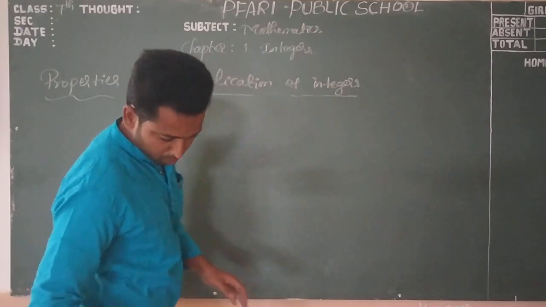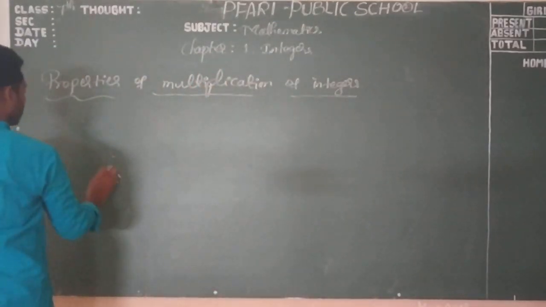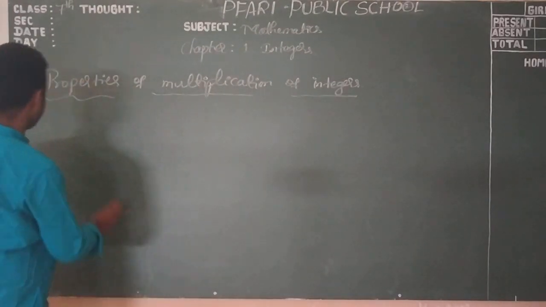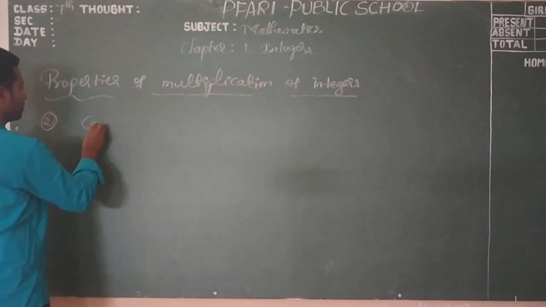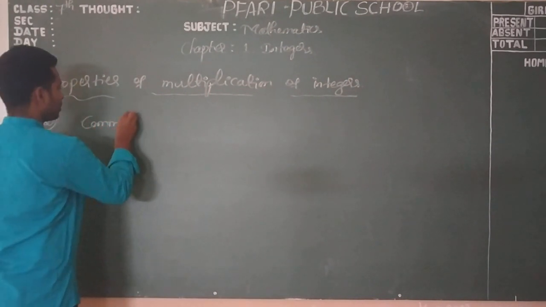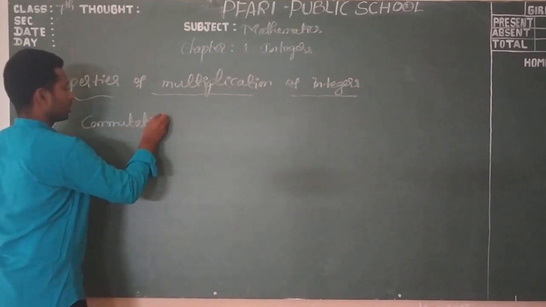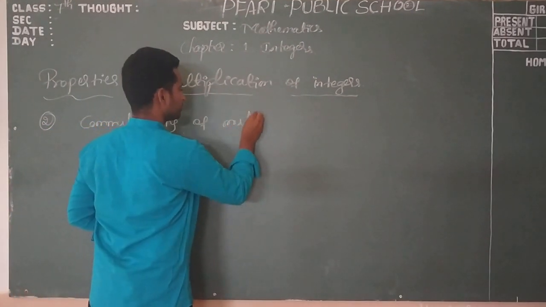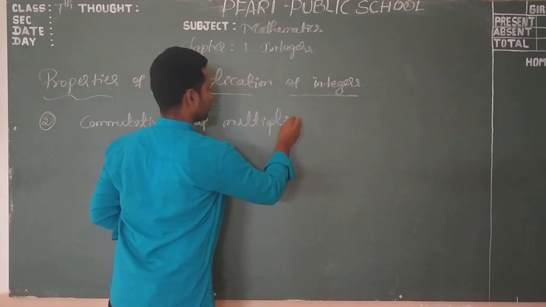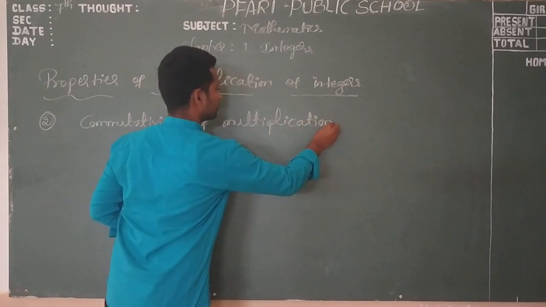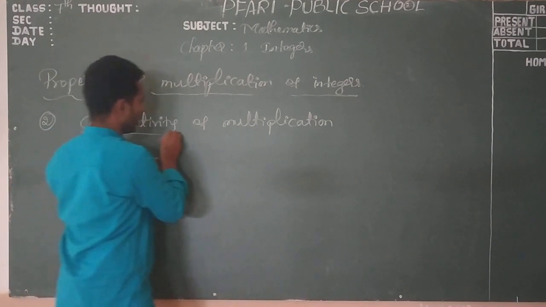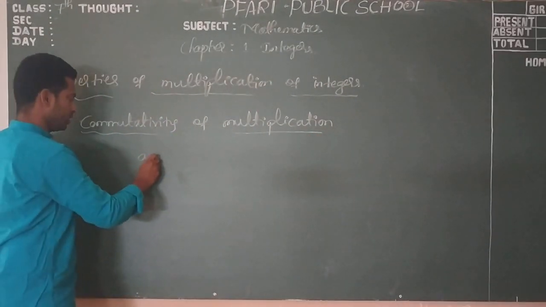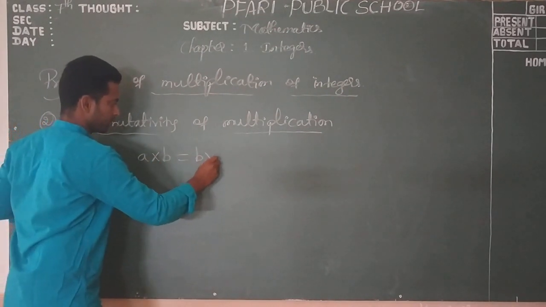The next is the commutative property, the commutativity of multiplication. Commutativity of multiplication is nothing but a into b equals b into a.